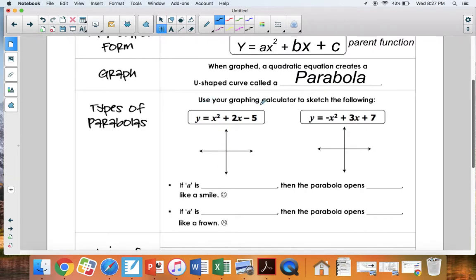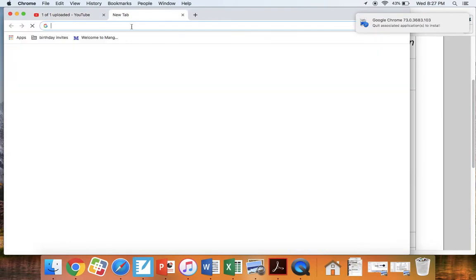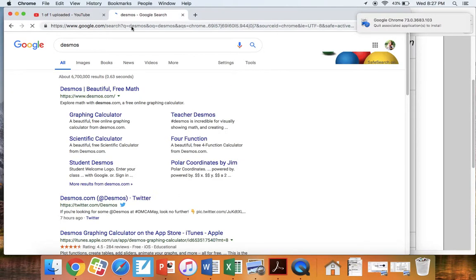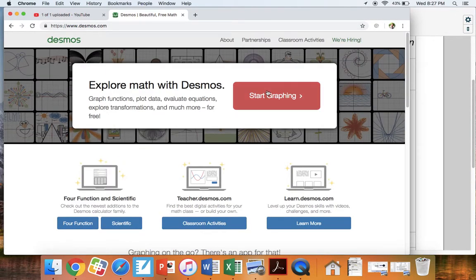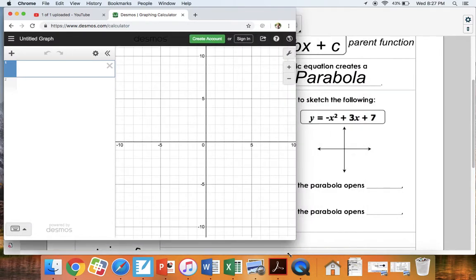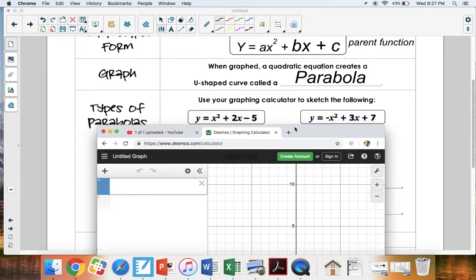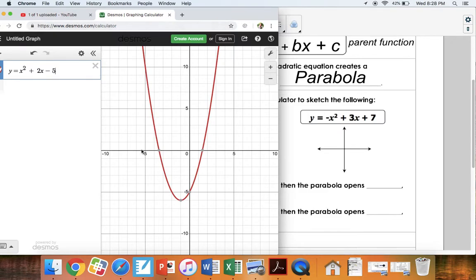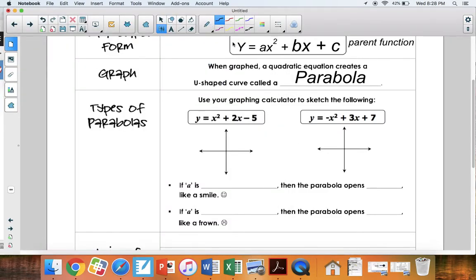If I pop this into a graphing calculator, and we're going to use Desmos because I can't show you my graphing calculator here, and I graph y equals x squared plus 2x minus 5, you'll see that this red line created a really tall, skinny, happy face.